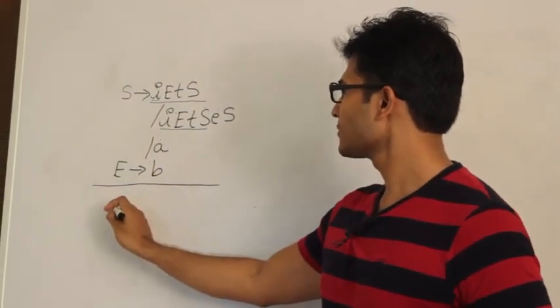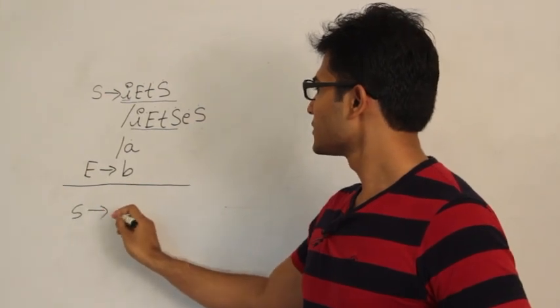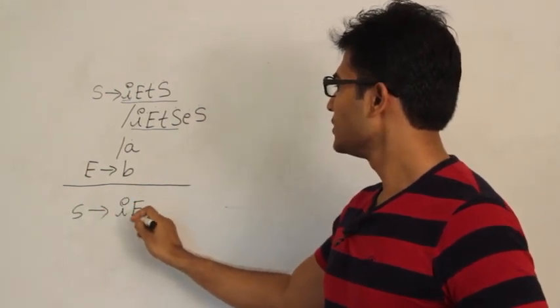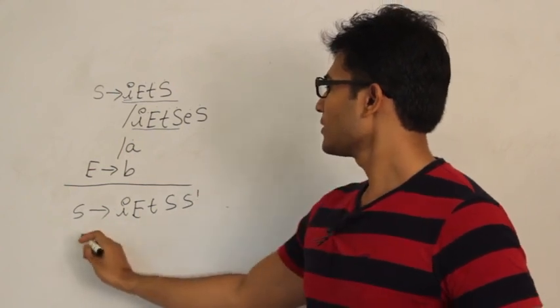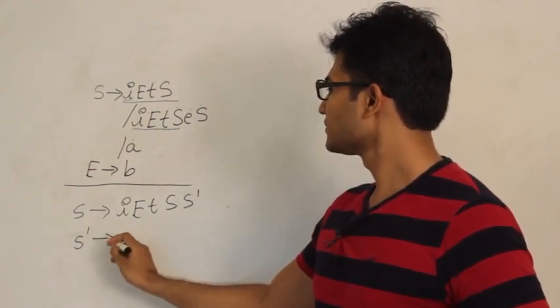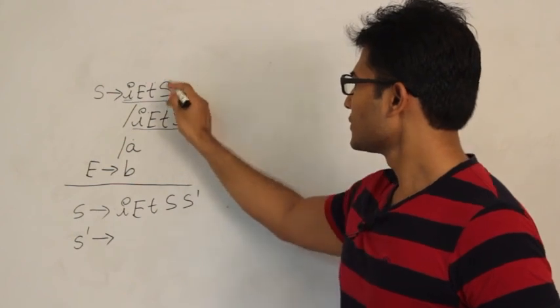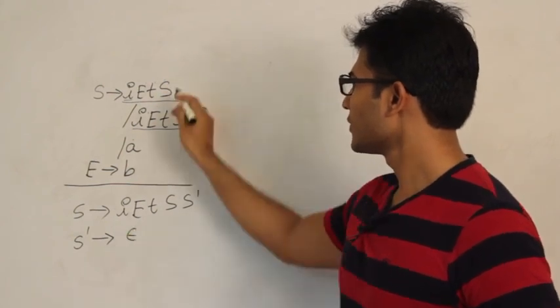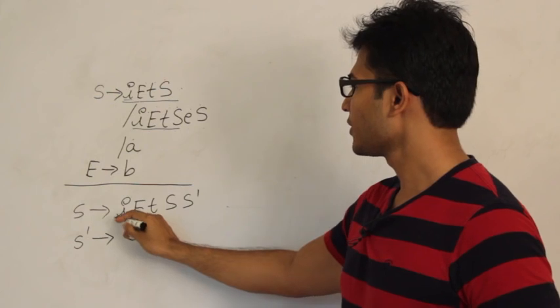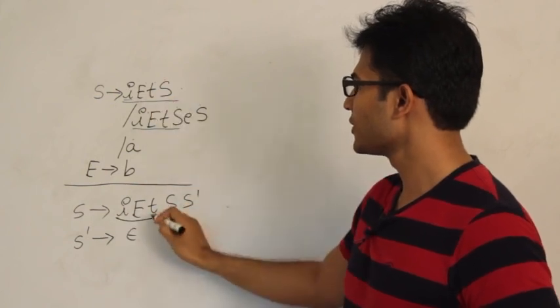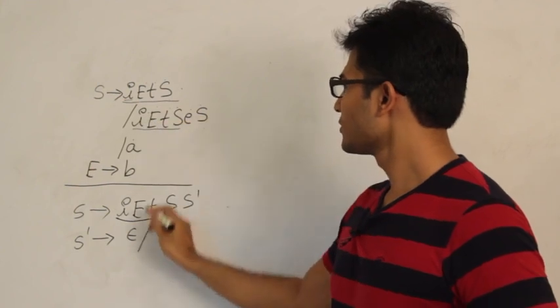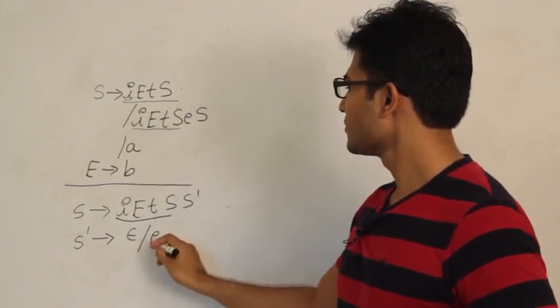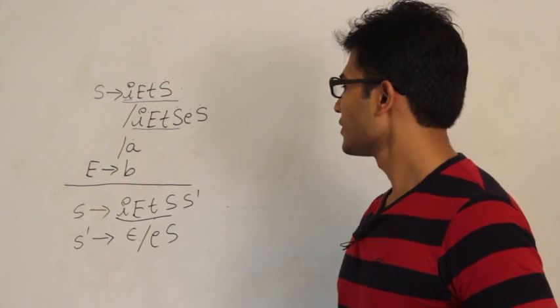If I use left factoring, S derives I, E, T, S, S dash, and then S dash derives, for the first rule it is epsilon, because whatever is there in the first rule we have written it, and S dash need not derive anything. And for the second one, IETS, the remaining part is ES, right?